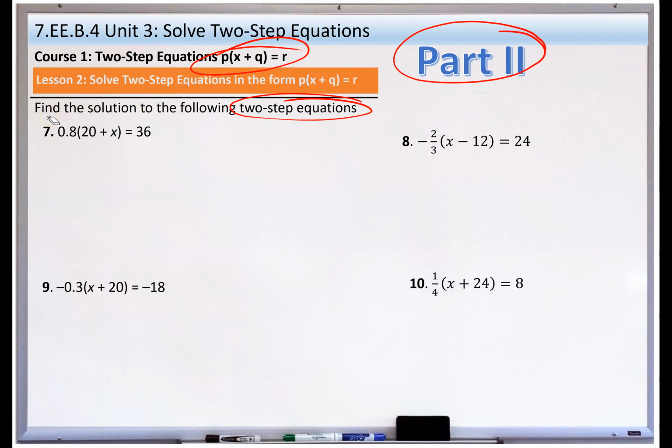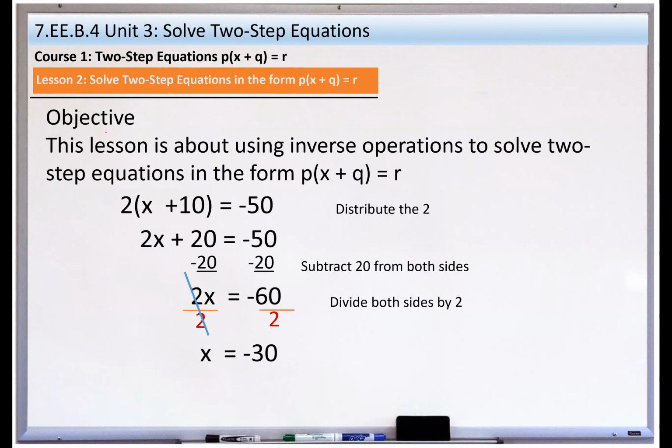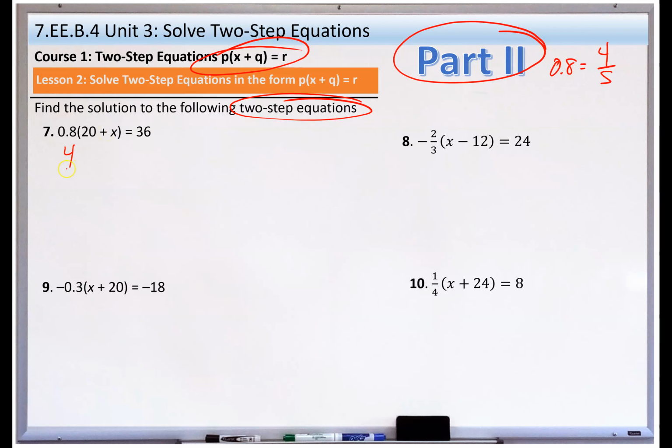So we're going to distribute our 8/10. And again, I know that 8/10 is equal to 4/5. And I know that 20 is divisible by 5. So for me, I'm going to go ahead and change that to 4/5.